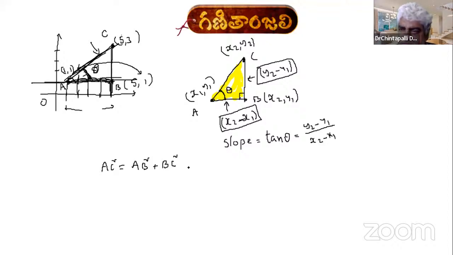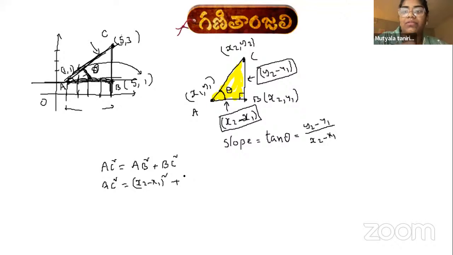Now tell, what is AB square? AB square means x2 minus x1 whole square. BC square means y2 minus y1 whole square. So AC square is equal to x2 minus x1 whole square plus y2 minus y1 whole square.